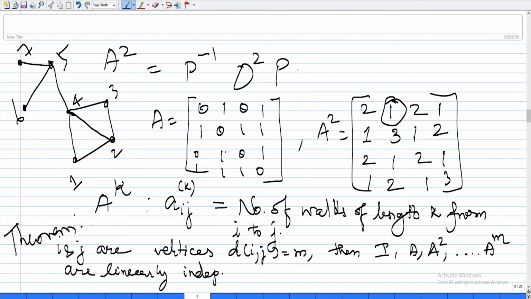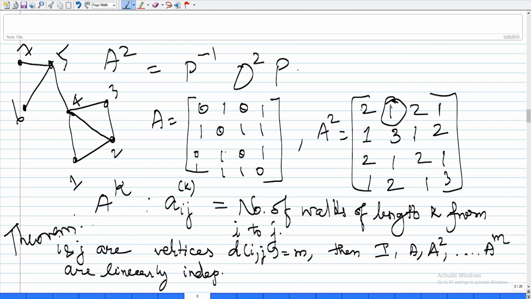So, we have to again connect to our eigenvalues, right. When I say they are linearly independent, then I can see that the rank of the matrix is at least m when two vertices are at distance m and all these powers are linearly independent. So, this also leads to the fact that the matrix A has rank at least m, and we have already seen that the sum of the eigenvalues is the trace.